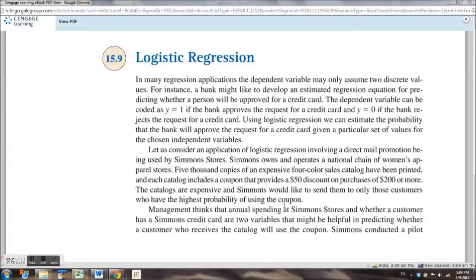Now, since the catalogs are expensive, Siemens wants to send the catalog out to customers who are likely to buy products and use the coupon rather than those who may not buy. The management thought there are a couple of variables that would be related to the buying decision by the customers.